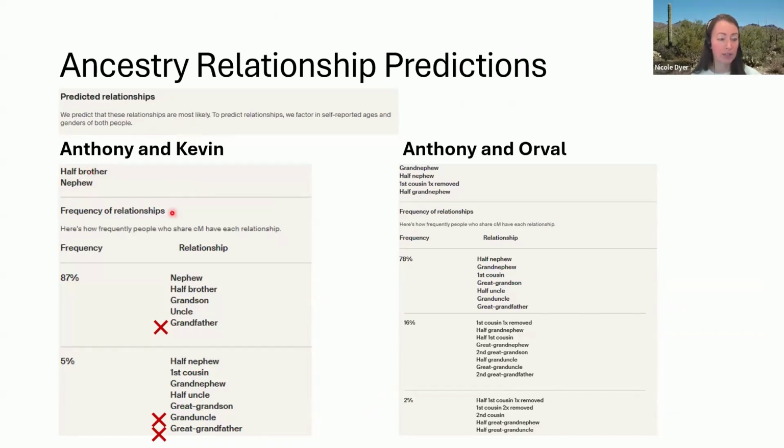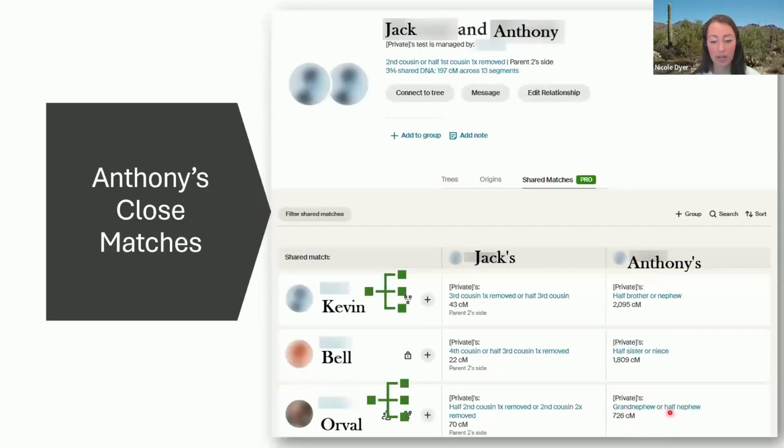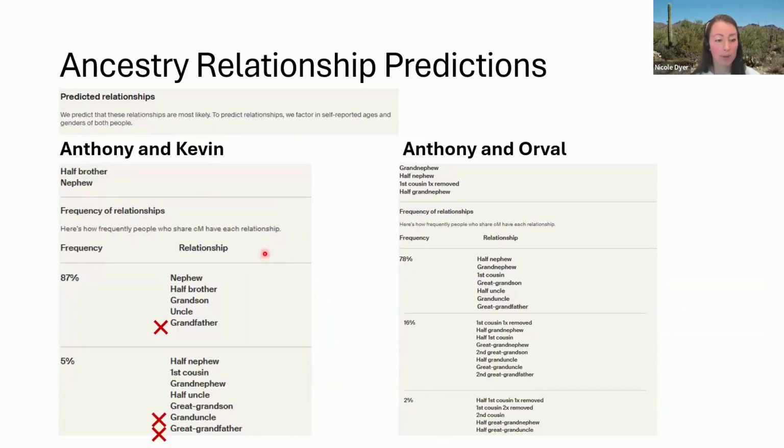If you click on the frequency of relationships, clicking right here on this blue text will open up additional relationships. Here we can see that Anthony and Kevin are going to be either nephew, uncle relationships to each other, which are genetically equivalent. They could also be half brothers, or they could be grandfather and grandson.